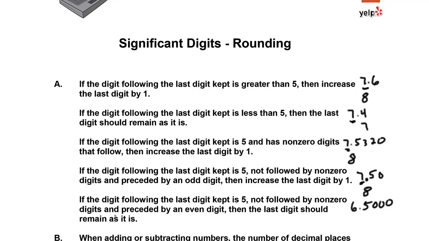Then the last digit should remain as it is. In other words, notice that this number ends exactly in 5. We want to round to the ones place. And so since it ends exactly in a 5, we look at this digit here. Notice it's 6. So therefore it's even, so we leave it alone. So we leave it as a 6.